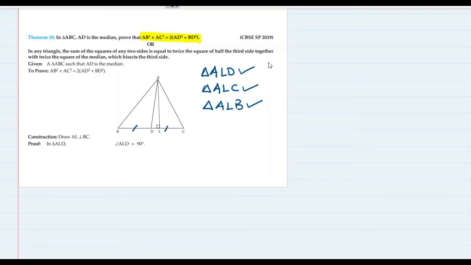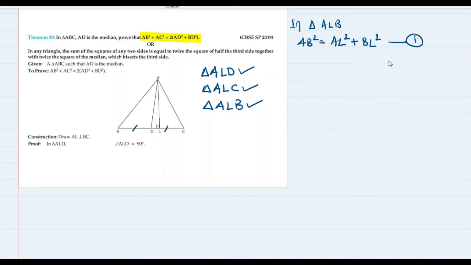Okay, let's start. First, I'm going to take each triangle which I listed over here and apply Pythagoras theorem in that. So in triangle ALB, if you can see the triangle over here, we get AB square is equal to AL square plus BL square.